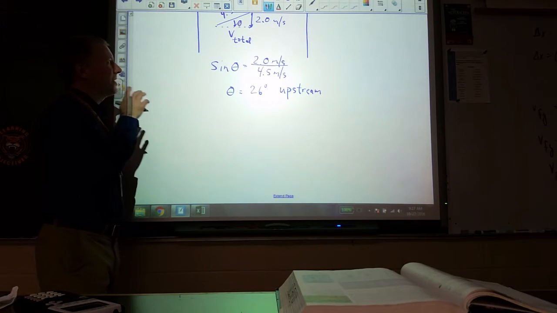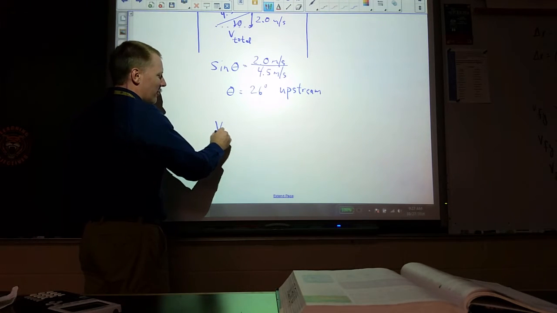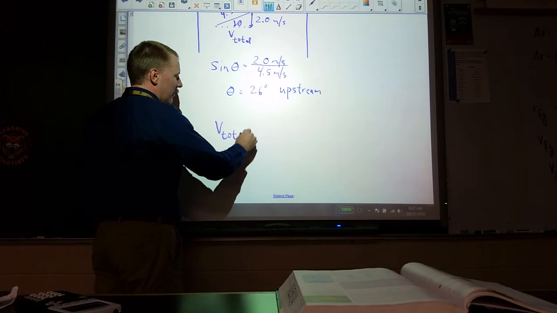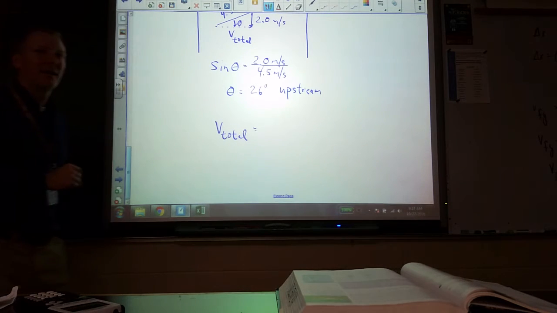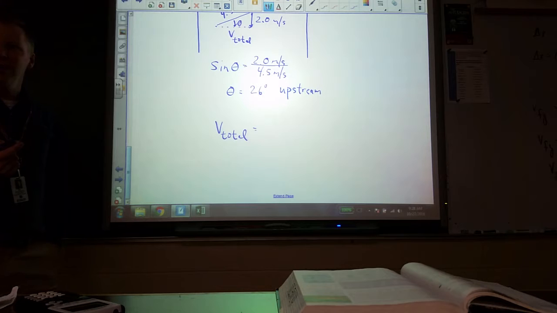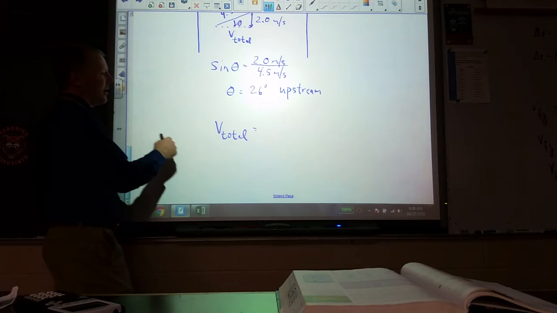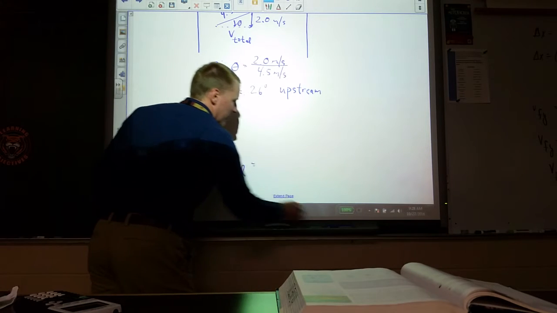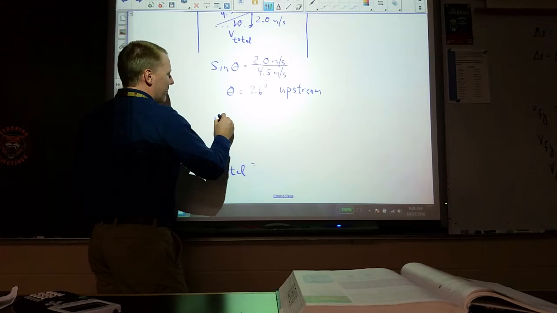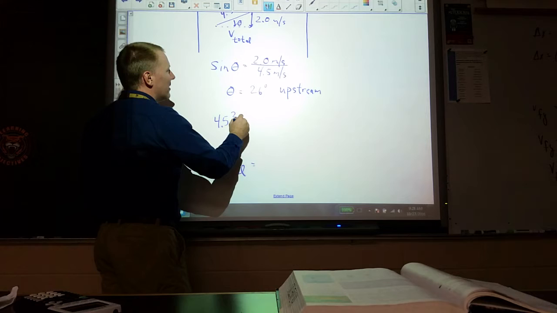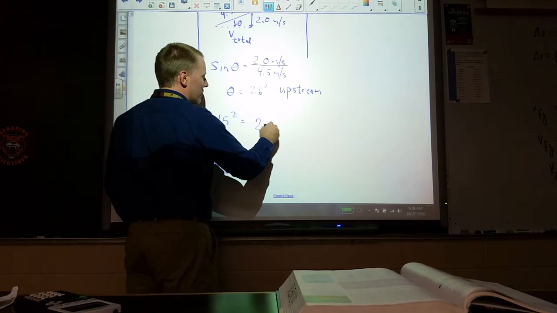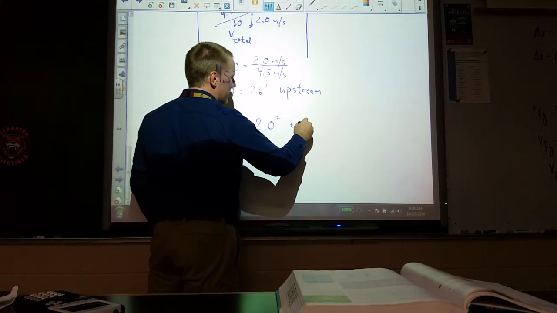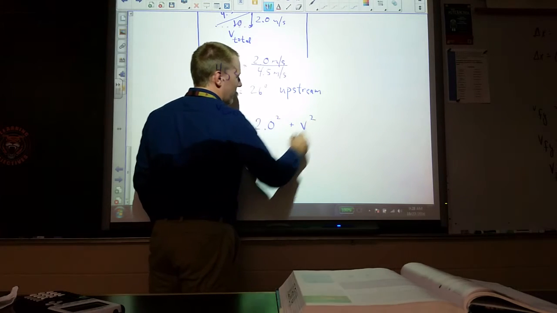If we're going 26 degrees upstream, what is our V total? We could do this with the Pythagorean theorem, right? Because we know that 4.5 squared is equal to 2.0 squared plus V squared, we'll call it.